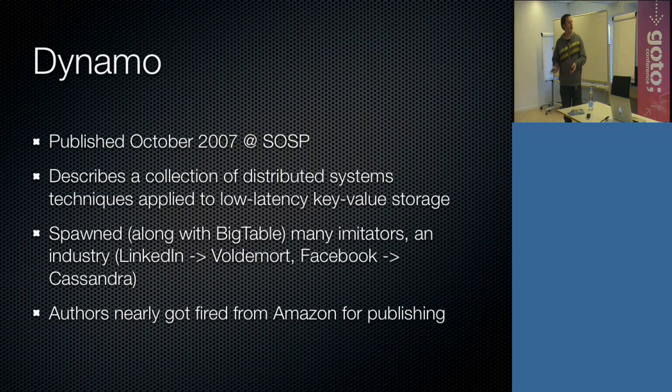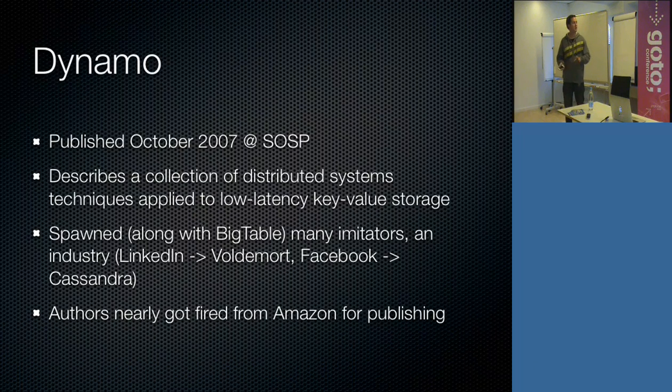And I think that's why the paper was so influential, because not only is my company's database, Riak, inspired by Dynamo, but Apache Cassandra, Voldemort from LinkedIn, and several other lesser-known databases are inspired by this paper, along with a couple other papers that came out at roughly the same time.